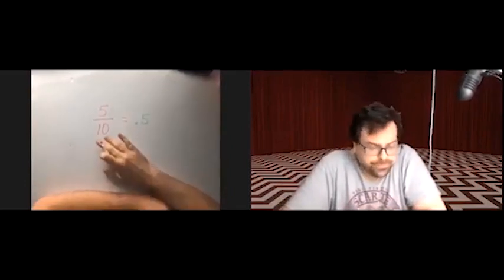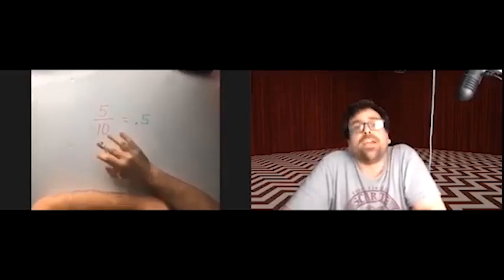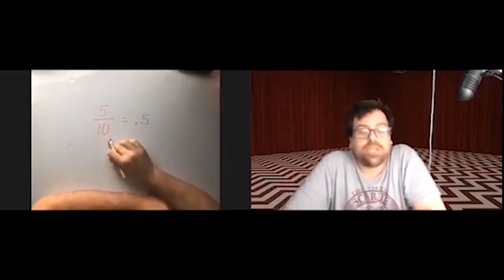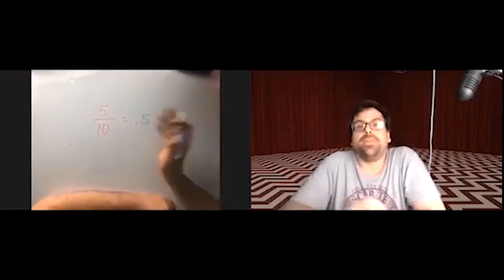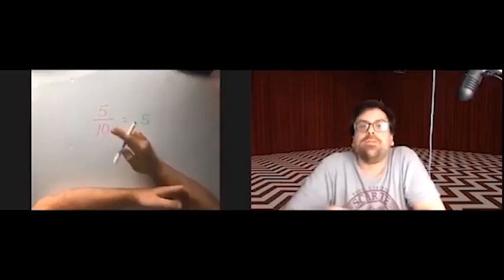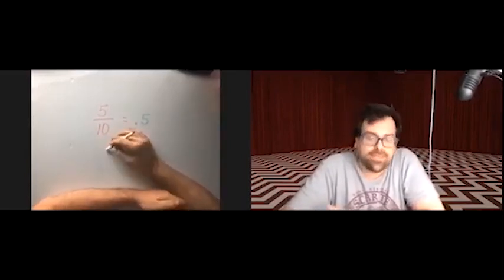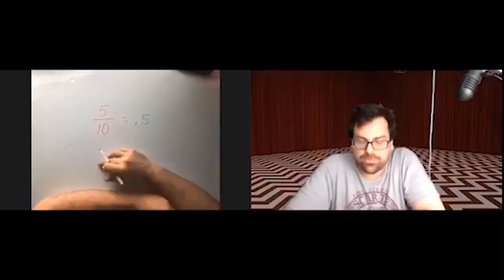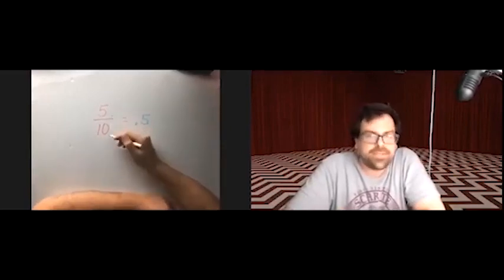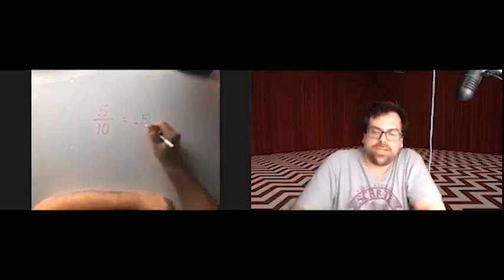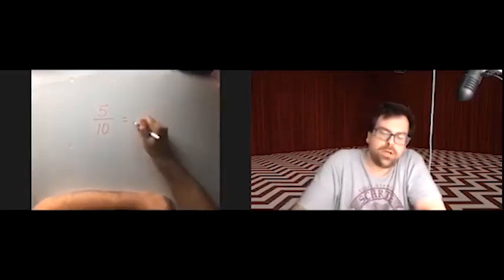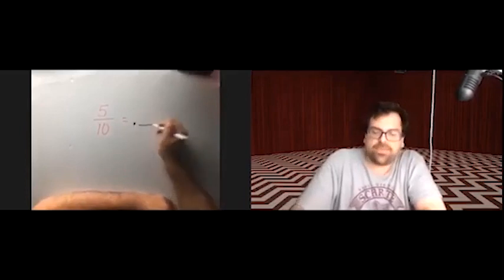Well, let's start by looking at fractions that have those numbers we kept putting when we went the other way. 10, 100, 1,000, 10,000, and so on. 5/10, because it ends in tenths, we're able to just go, okay, tenths.